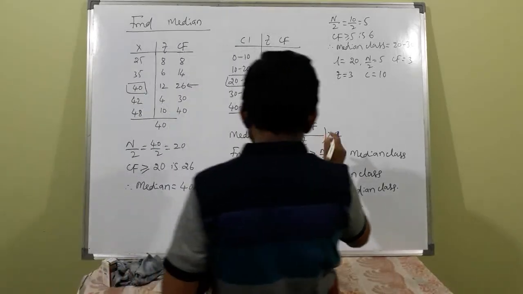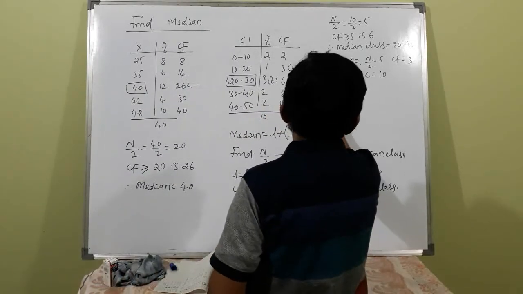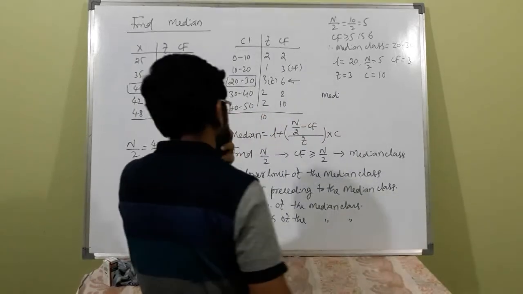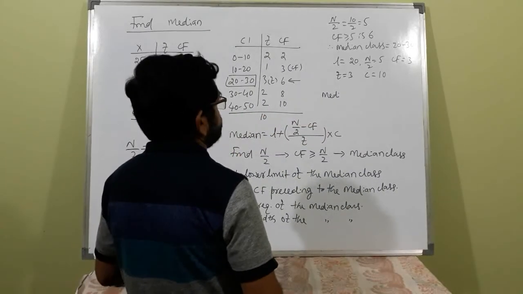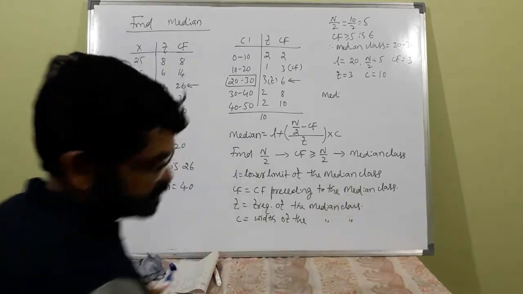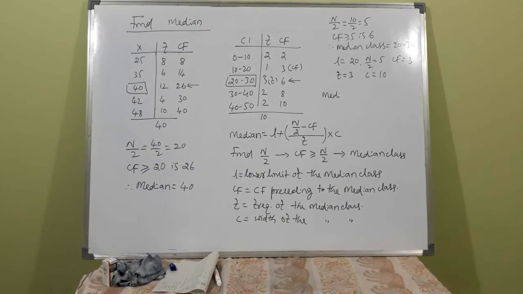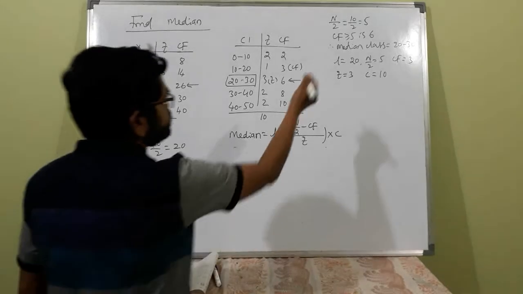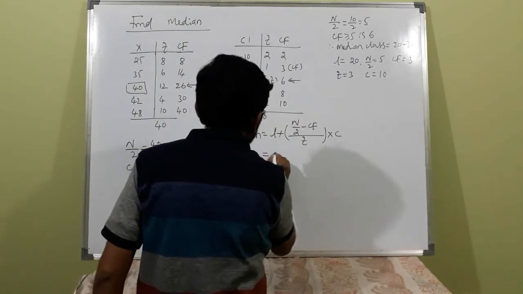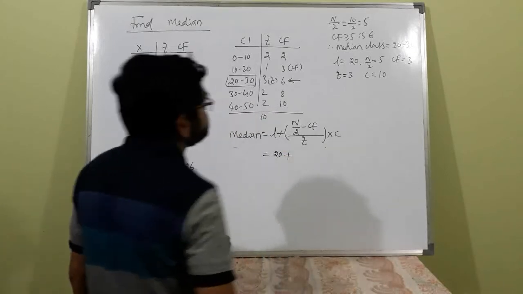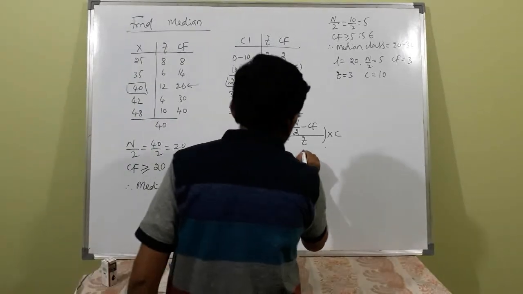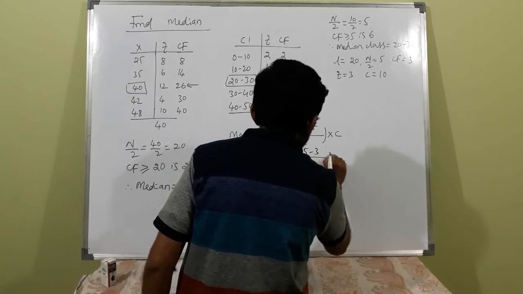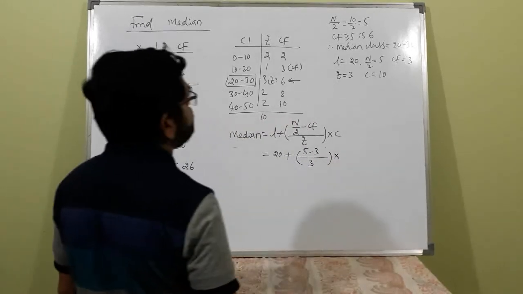Now median is given by, okay, I will write here, you take down. Now median is, substitute the values: 20 plus n by 2 is 5, CF is 3, F is also 3, C is 10.